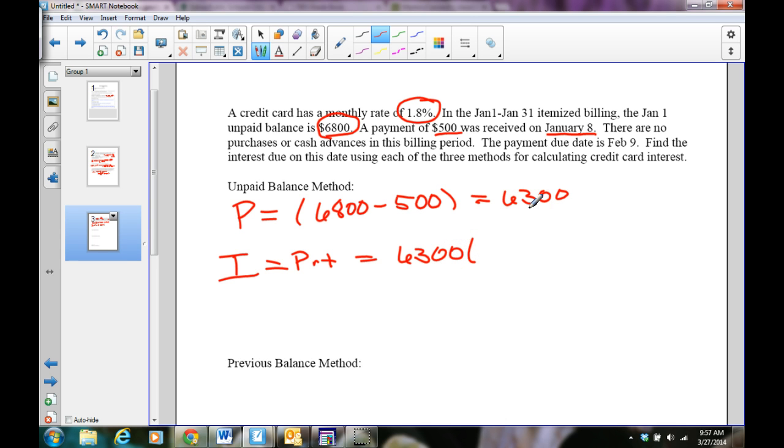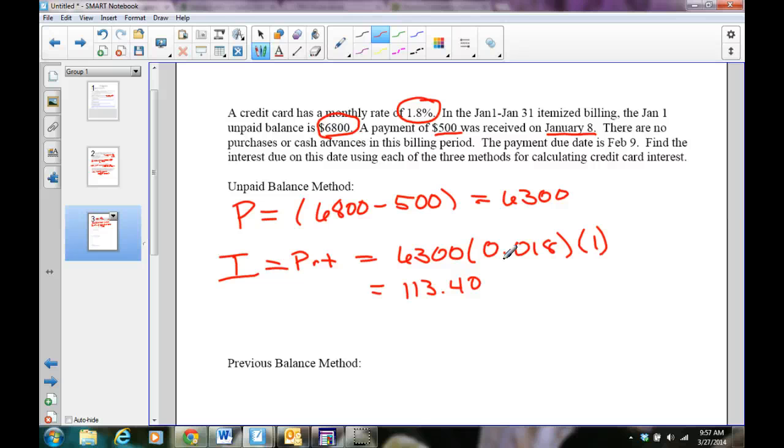What was that in decimal point? Yep. And then we're looking at just 1 month. Okay? So my interest in this one is $113.40. So that's the unpaid balance method.